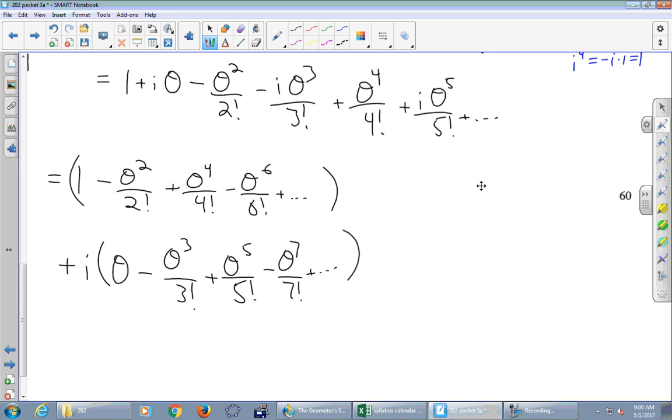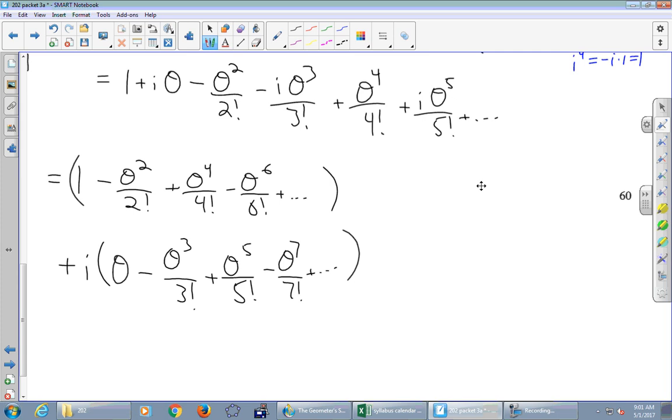Okay. And after all of that rewriting, take a look at this thing in the parentheses, and take a look over at the sideboard. This is the same as one of those, but instead of x, it's theta. What is this? This is cosine of theta, yes? Look at the cosine: 1 minus x squared over 2 factorial plus x to the 4 over 4 factorial minus x to the 6 over 6 factorial is this, just theta.